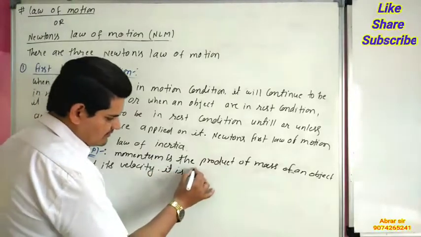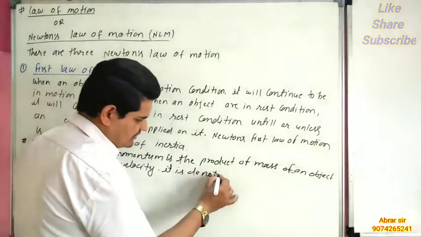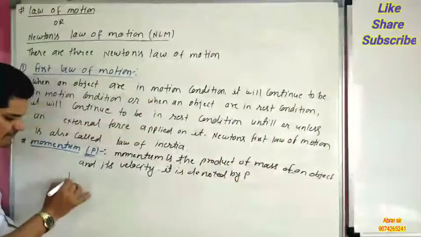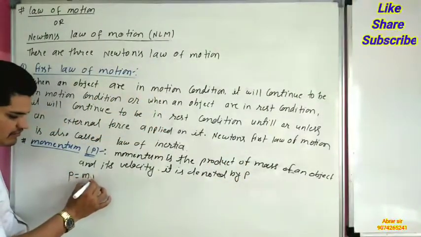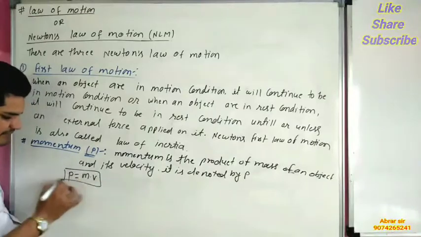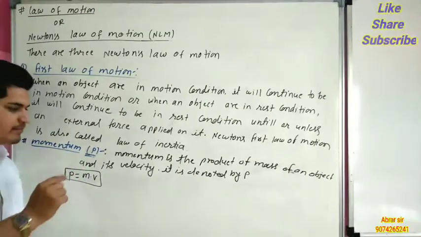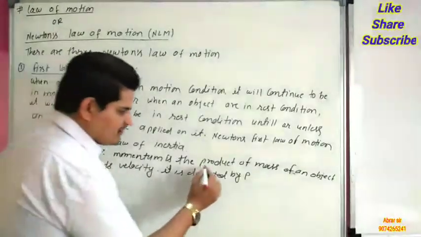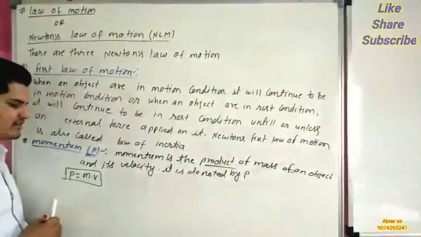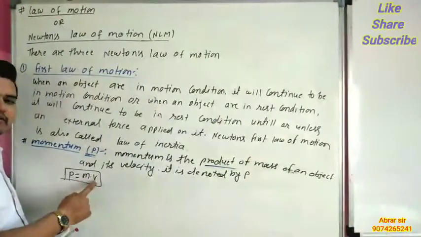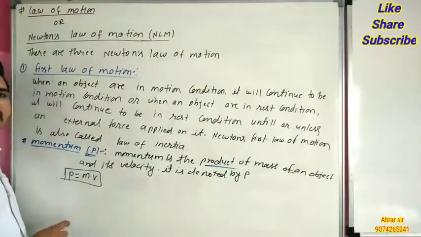It is denoted by P. So mathematically, P is equal to m into v. Momentum is denoted by P, and momentum is nothing but a product of mass and velocity. Product means multiply. It is the mass of an object multiplied by its velocity v. So P is equal to mv.